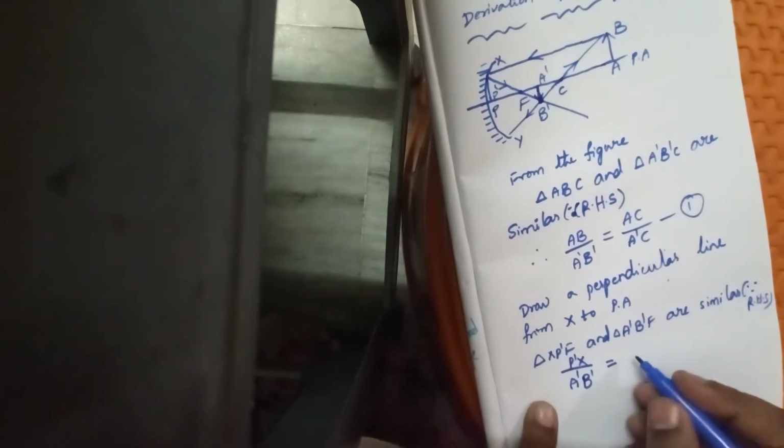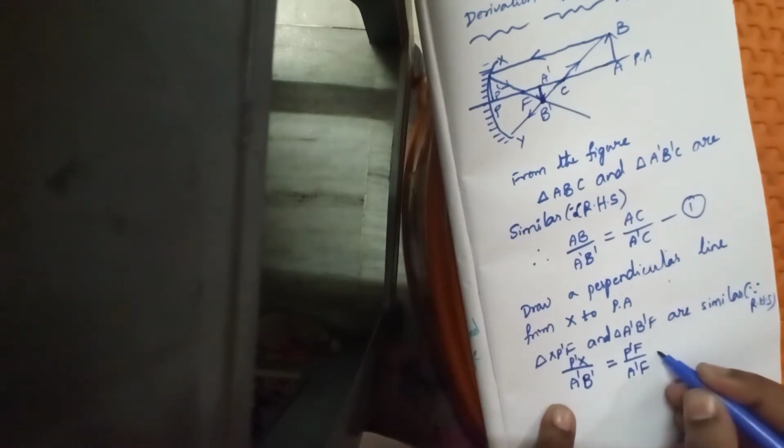Here I am taking the heights. First we are considering P dash X by A dash B dash is equals to, and again I am taking bases P dash F divided by F A dash or A dash F, we can write.